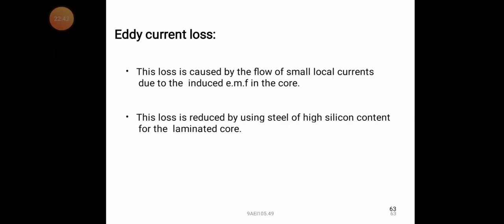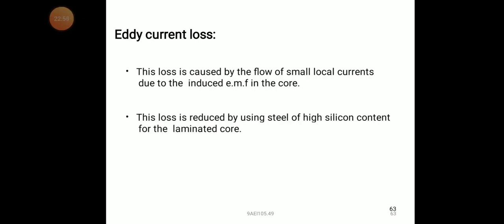Whenever a small amount of current is induced, that induced current may cause power loss. That power may be in the form of heat.